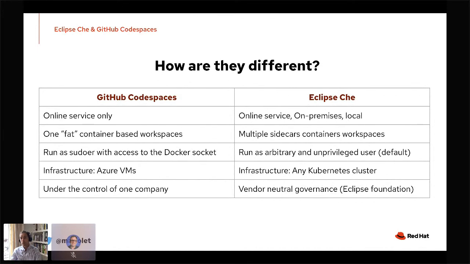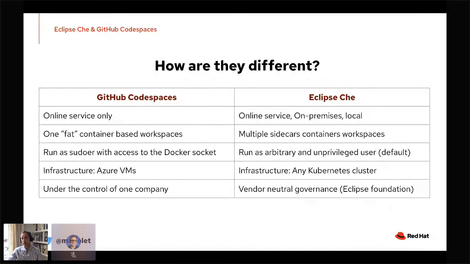On the other end, for Eclipse Che, we've actually taken the container approach completely. So we've decided to run one service per container or something like that. We don't have exactly one service per container, but whatever makes sense.